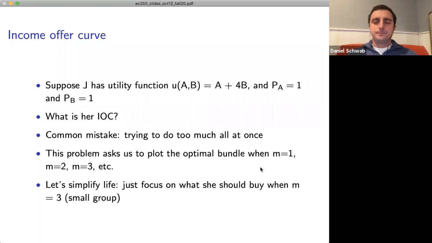So the way that I would simplify life is to say, let's just see what happens when you have an M of 3. Let's figure out one particular M, and then we'll deal with everything else. So right now let's just focus on M equals 3. Ordinarily I would like to do this in small groups. Obviously we don't have small groups because this is an asynchronous video lecture.